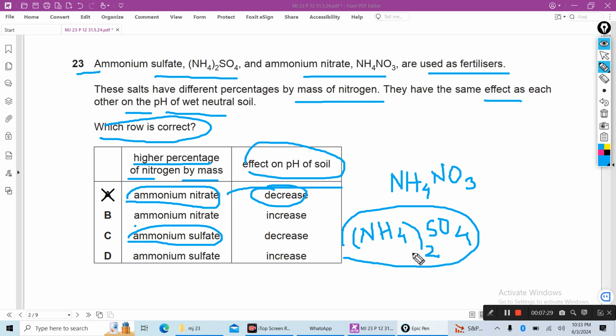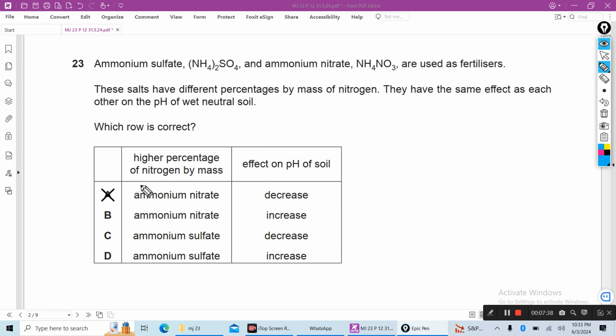So if you divide by more values, percentage of nitrogen will be less, but the question is asking higher percentage. That's why this answer is ammonium nitrate. The relative molecular mass of ammonium nitrate is less, so if you divide by the less number, nitrogen percentage will be more. That's why the answer is A.